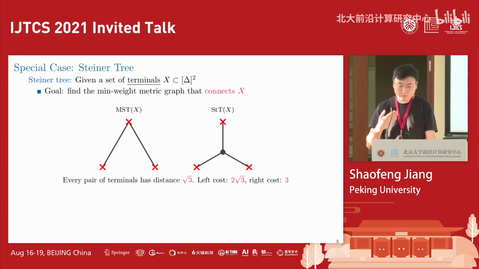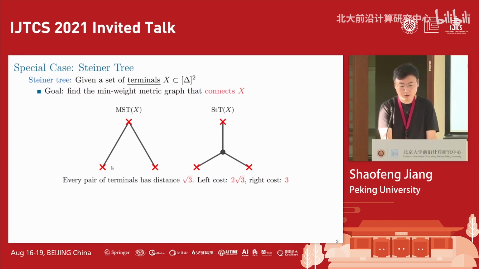There is a very related problem called minimum spanning tree, and in this example I'll illustrate the difference. Let's consider this example where the red crosses are data points. I have 3 data points, and I arrange them equidistantly, so they form a regular triangle. Let's say each of the distances is root 3.